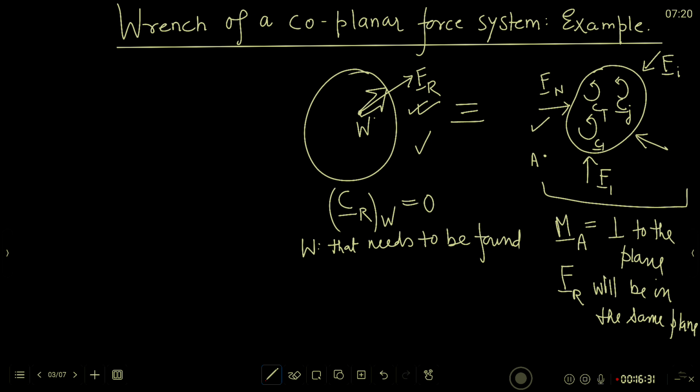The net moment is perpendicular to the plane, so CRW, which is an associated torque along FR or in this plane itself, will have to be 0. Let's take an example of this coplanar force system, and we will actually find FR and we will also find W, and we will convince ourselves that indeed there is no need to have any CRW in this case. One single force will give us the simplest resultant or the wrench of the system.